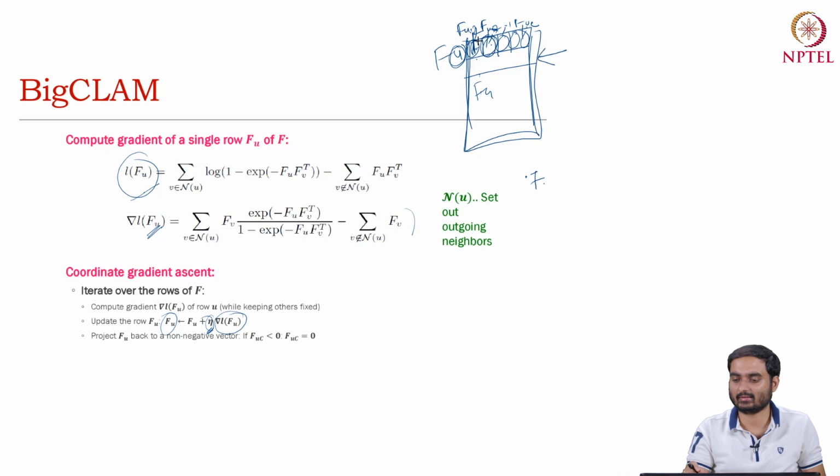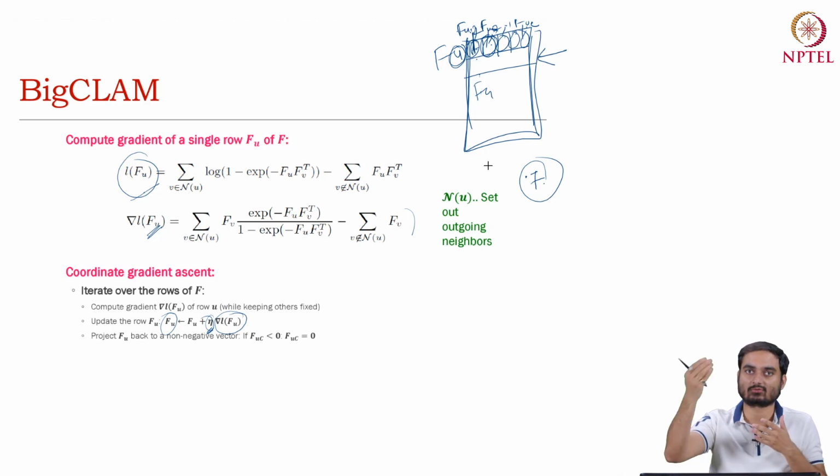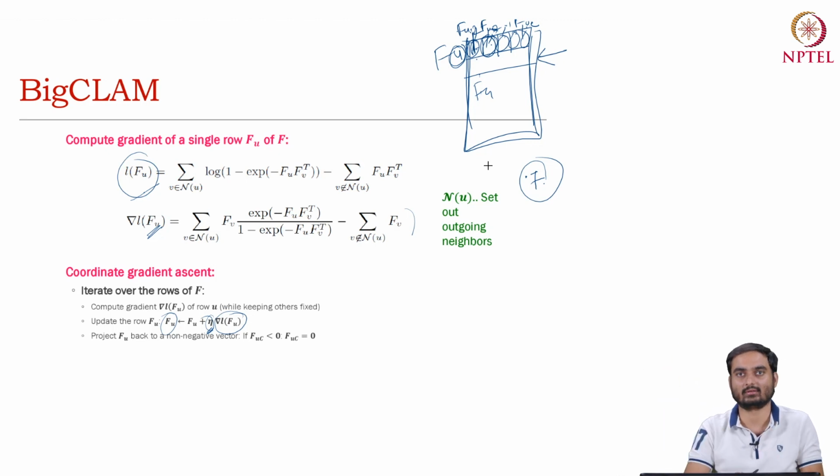The second problem is, how do we set the threshold? Again, in the original paper, they suggested a way to set a threshold, and this threshold can be set manually. This threshold can also be set automatically. There's a very nice way to set the threshold, and then you say that if the community membership is greater than or equal to the threshold, you assign that node to the community.